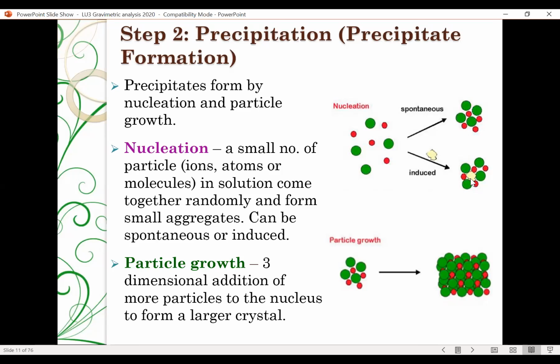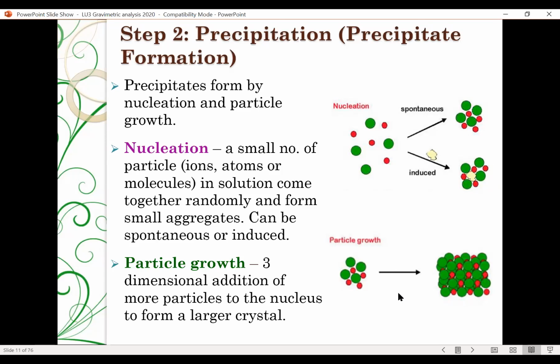Let's say you already have one nuclei here, and other ions, atoms, molecules, they come together and bind with this, forming a larger crystal like this. This is what we call particle growth. The particle is growing. Okay.